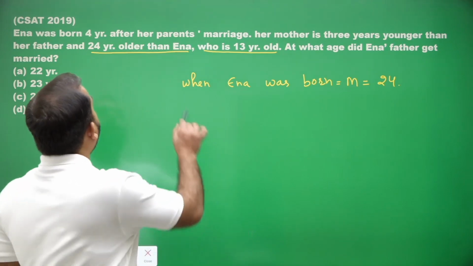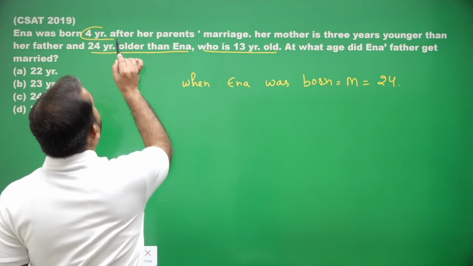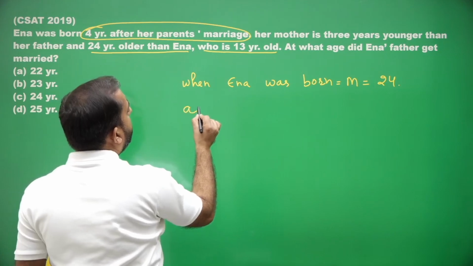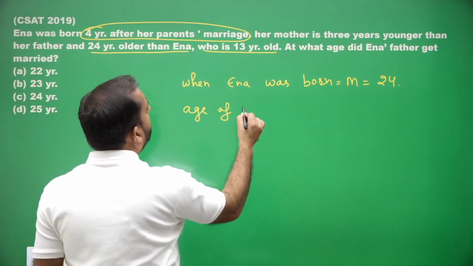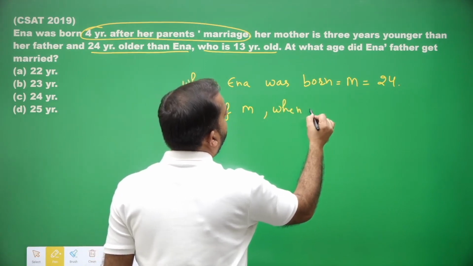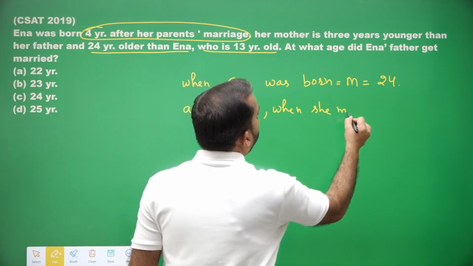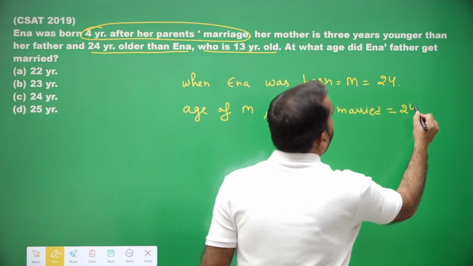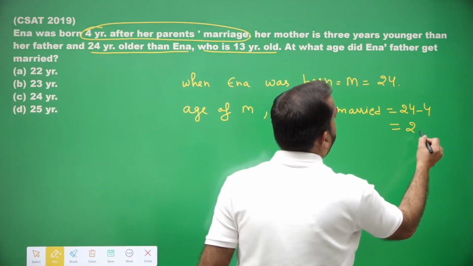Now, Ina was born 4 years after her parents' marriage. So, age of mother when she married should be 24 minus 4, that is 20.